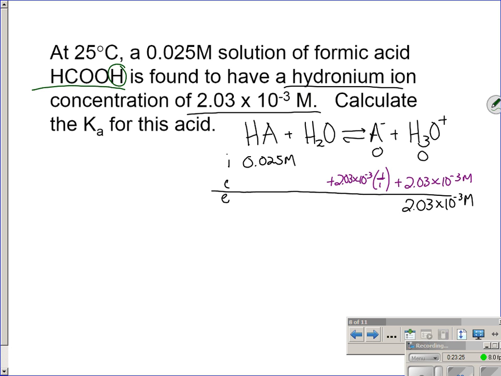And then the formic acid went down by the same amount, 2.03 times 10 to the negative 3rd times the mole ratio, 1/1. So at equilibrium, we have 2.03 times 10 to the negative 3rd molar of the conjugate base, and then 0.025 minus 2.03 times 10 to the negative 3rd is, to 2 significant digits, 0.023.